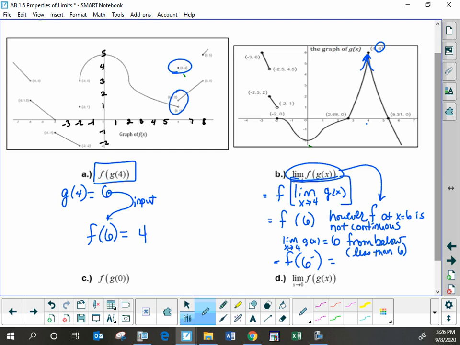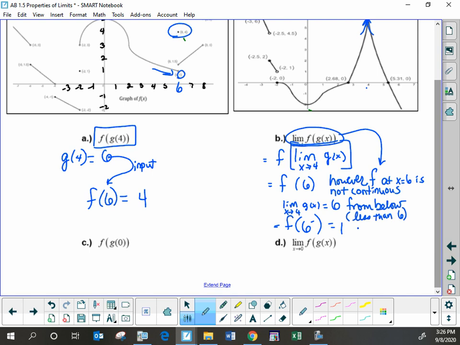That I can do. From the left, looks like we come into 1, and 1 is our answer. Maybe I should have written this as the limit as x approaches 6 from the left of f of x equals 1.